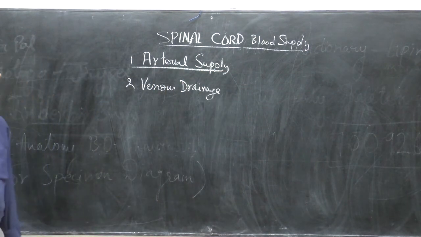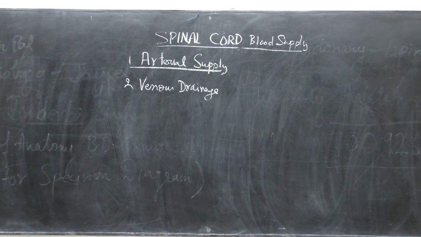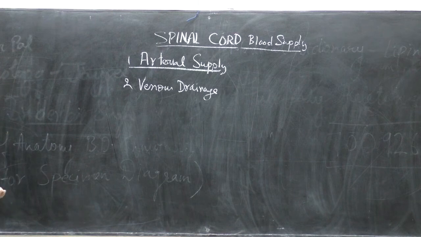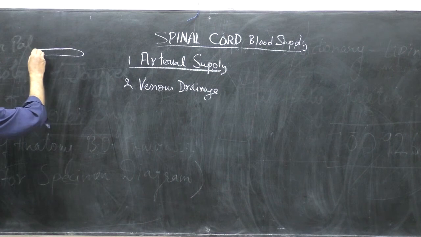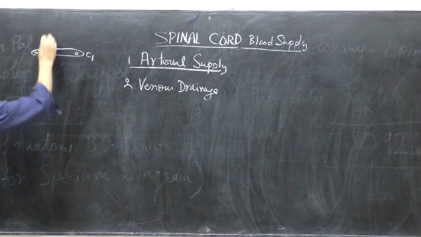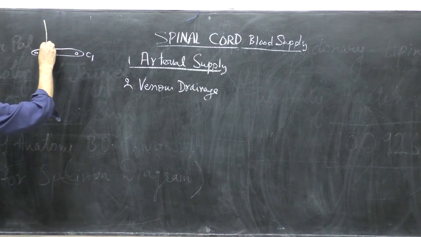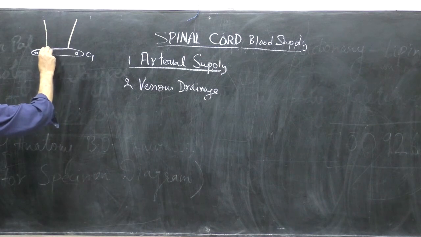As we know, the spinal cord is a 45 centimeter long structure, and it starts from the upper border of the C1 or the atlas vertebra, and it is the continuation of medulla.